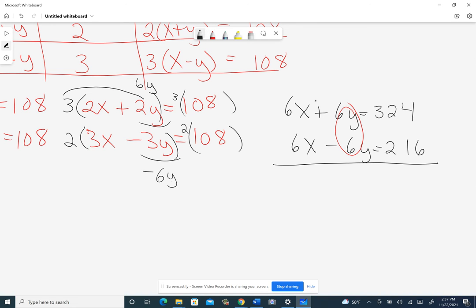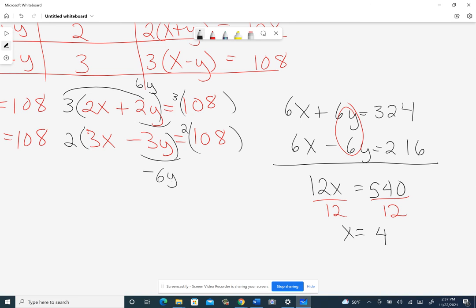Do not cancel those out. They're both positive. That would be 12X equals 540. Okay. So now I know I just need to divide by 12, and that'll give me my X.